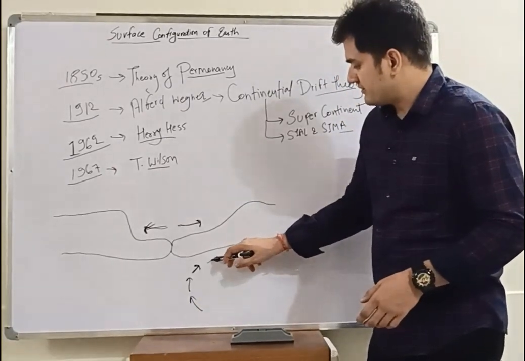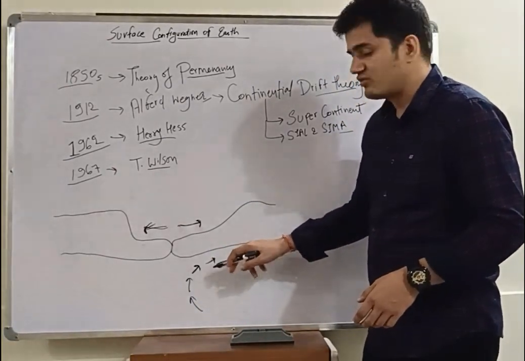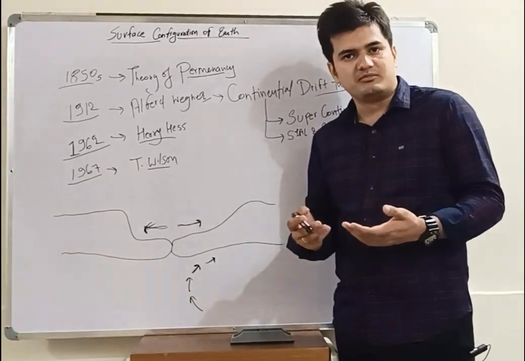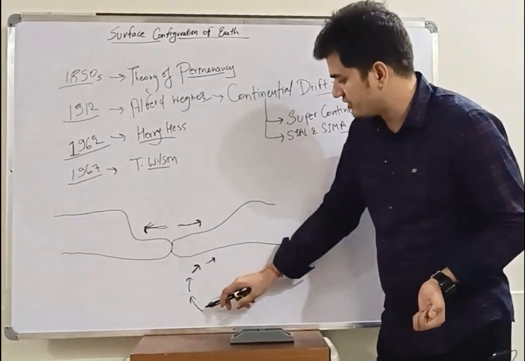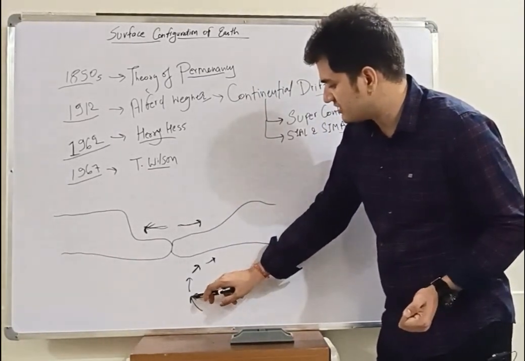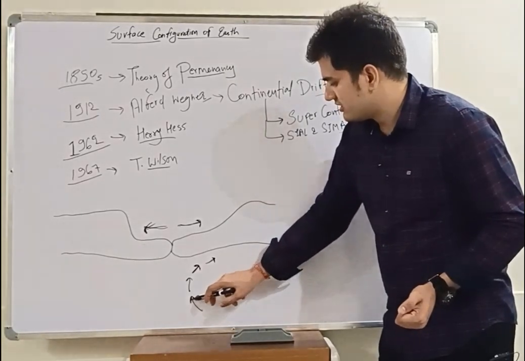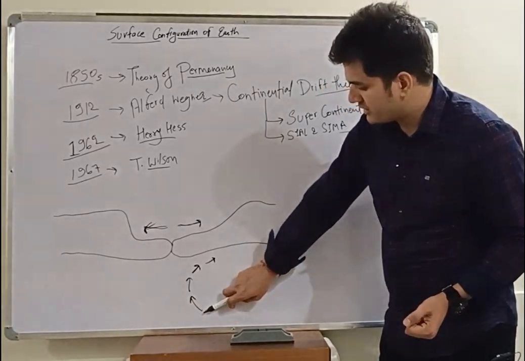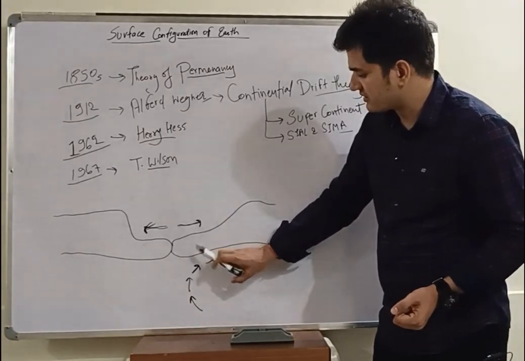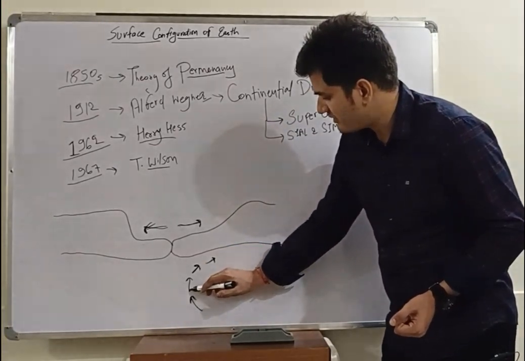So in the mantle there is a large source of radioactive thermal elements, and because of the radioactivity, the material of this semi-solid mantle gets heated and rises up toward the earth crust, the earth surface.